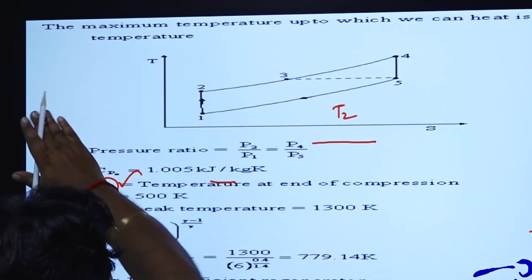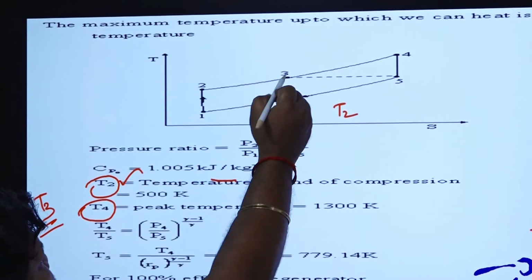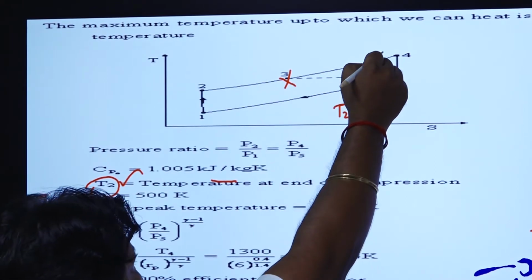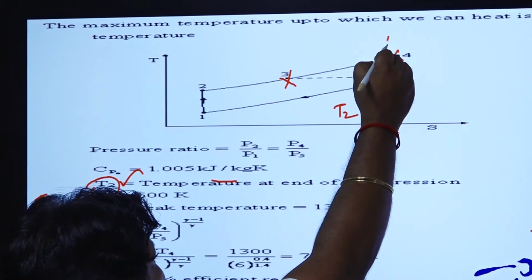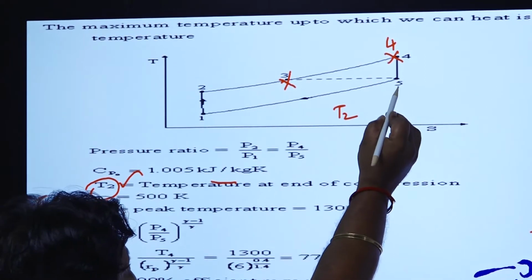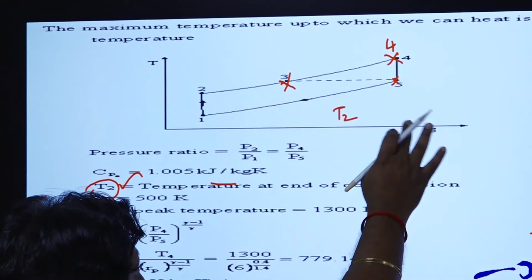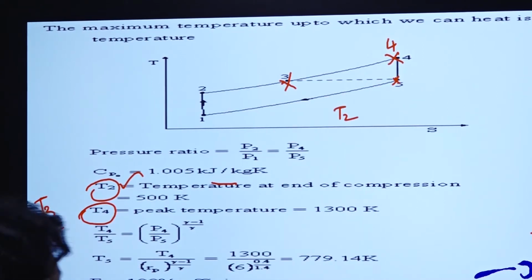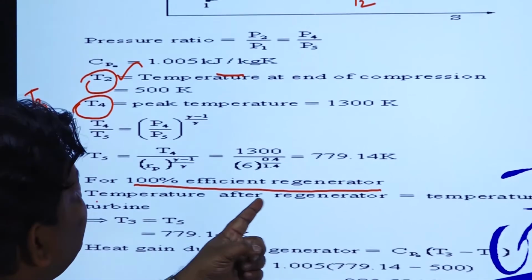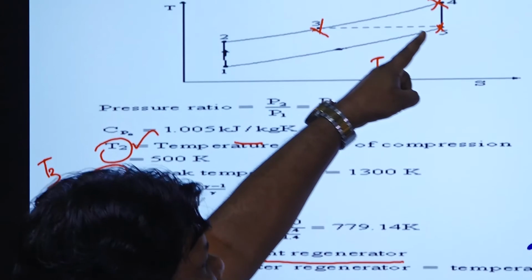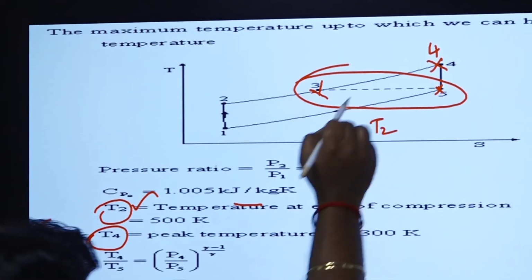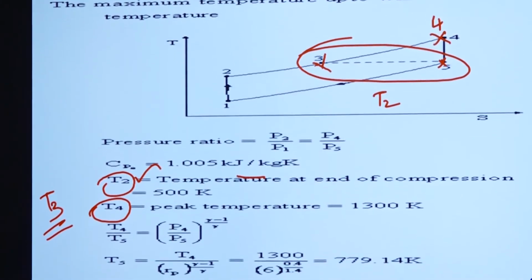Looking at this T-S diagram, when the regenerator is used, the temperature increases further, and now it is T4, and the temperature at the exit of the turbine remains the same. Because it is a 100% efficient regenerator, the temperature after the regenerator should be equal to the temperature at the exhaust from the turbine. This is the condition for a 100% efficient regenerator.